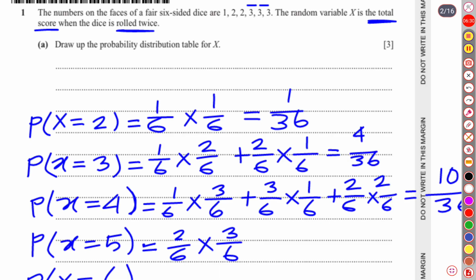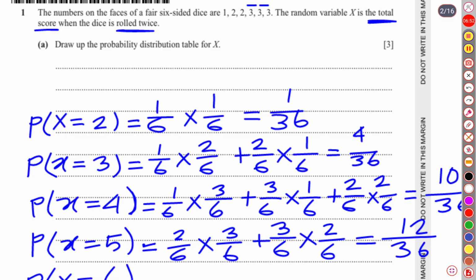Or vice versa: first we might get 3, so the probability of a 3 is 3 over 6, and in the second row we might get 2, 2 over 6. So the total probability is 12 over 36.